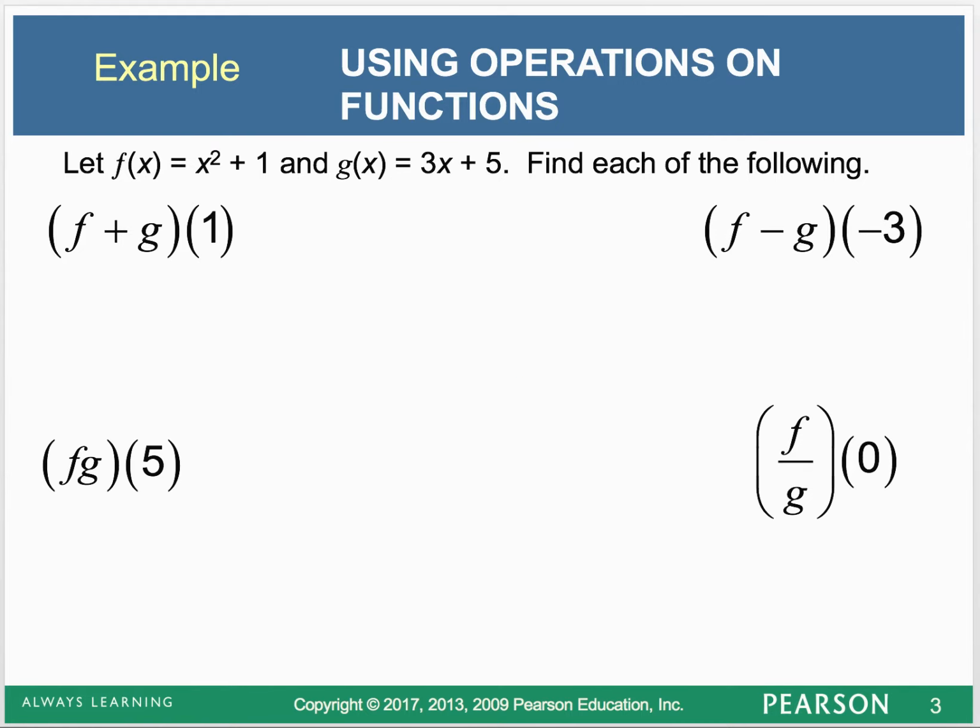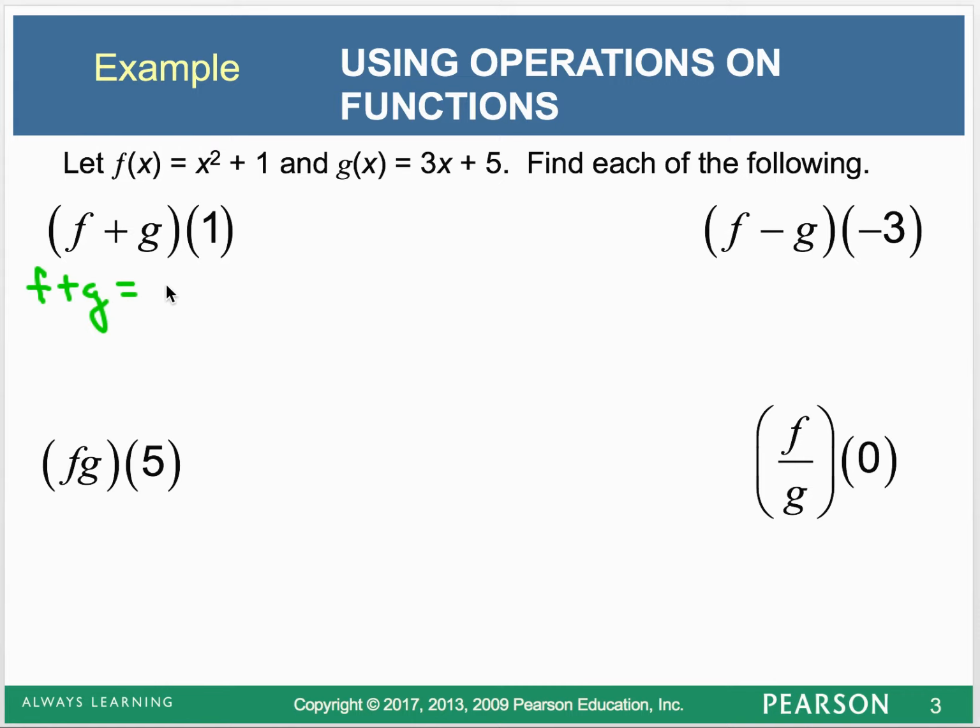But we also could say, let's find just the function f plus g. I can shorthand that notation. I don't have to say f plus g of x every time. I could just write f plus g.